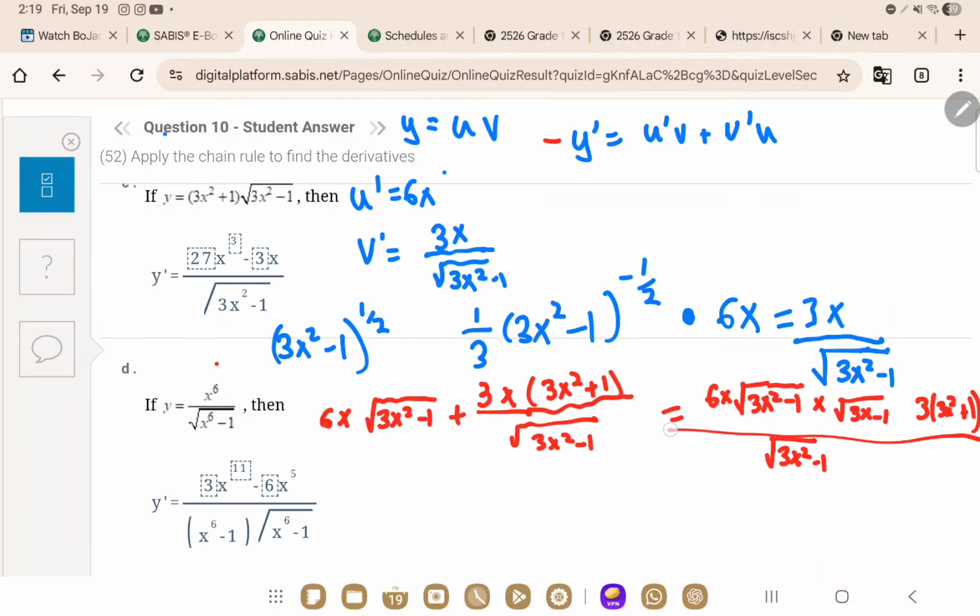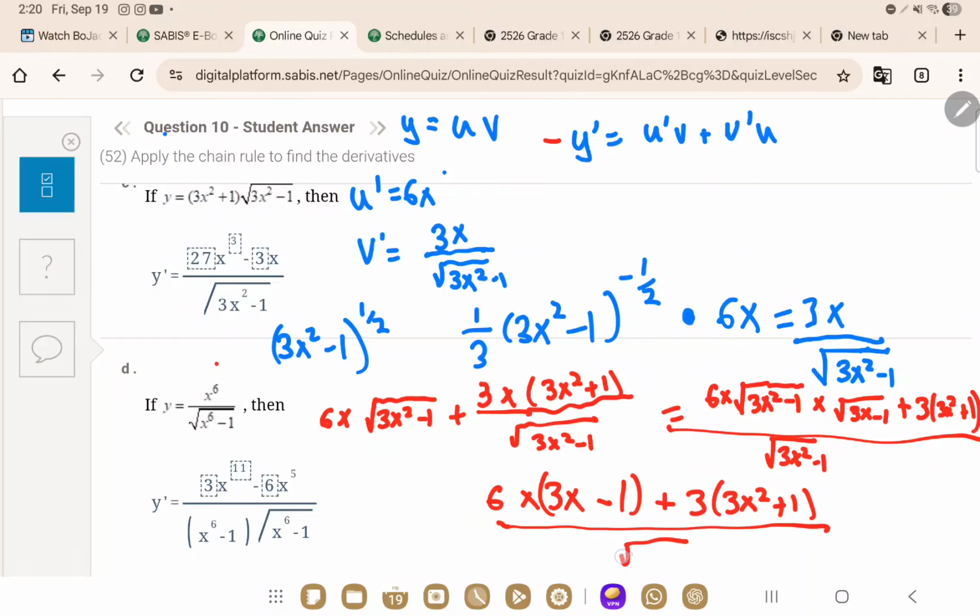Now radical times radical cancels out the radical sign, so it's 6x times 3x squared minus 1, plus 3x times 3x squared plus 1, all over radical 3x squared minus 1.